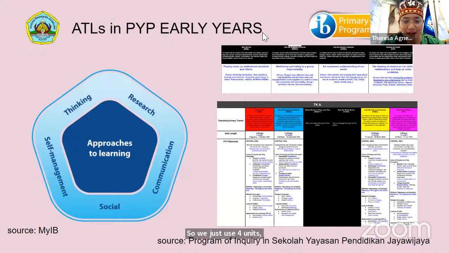And then we also planned the program of inquiry. Inside the program of inquiry, we put the transdisciplinary theme and the unit length for each unit, from the 1st unit until the 4th unit, the whole school year.